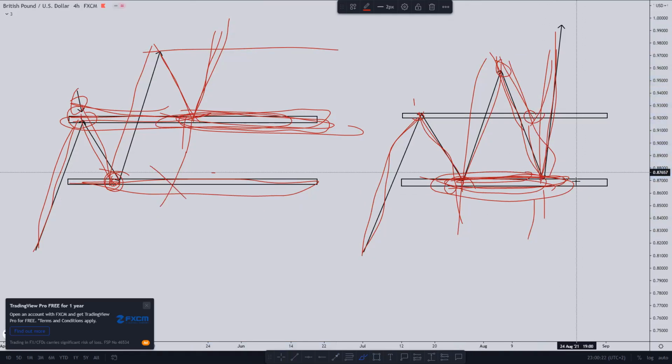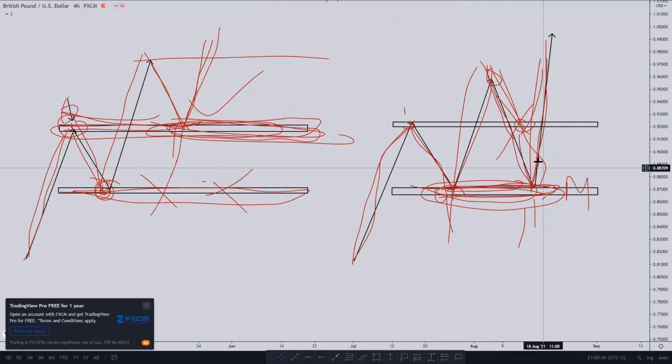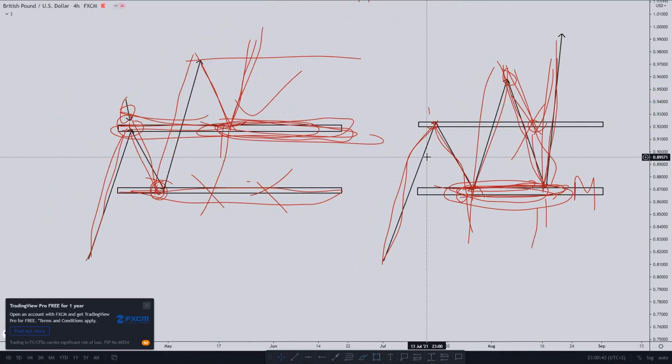This becomes your major level. It's still valid if we don't get a higher low. The moment we get a higher low, then it becomes invalid. But if we fail to get a higher low, then this still stays valid, right? So this is how you can identify key levels, and this is how you can use them.